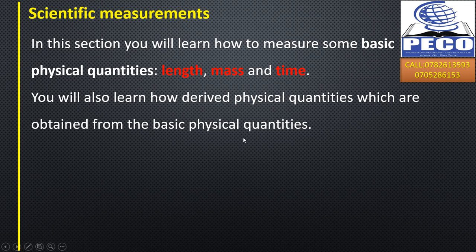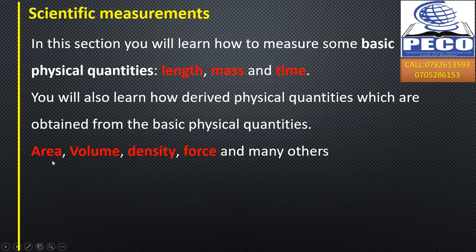Now, many of the physical quantities that we have are obtained from the basic physical quantities which I have mentioned here. So you are going to understand how we get what we call the derived physical quantities, the quantities which are obtained from the basic physical quantities. Examples include area.